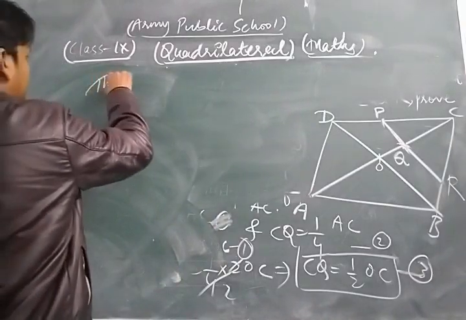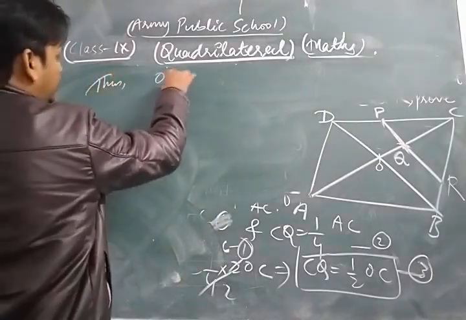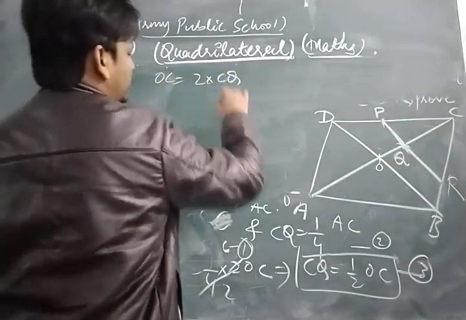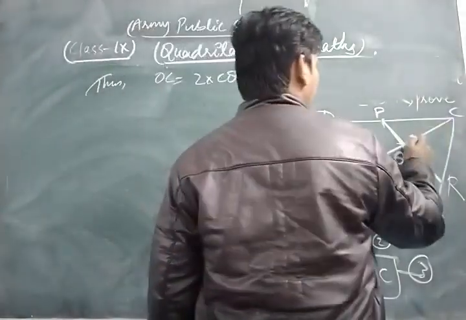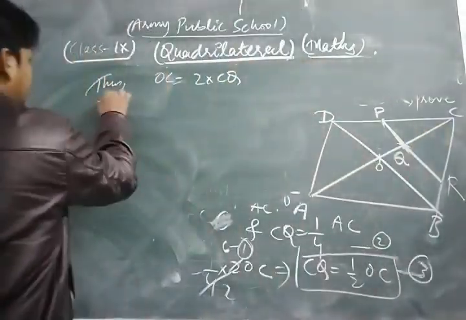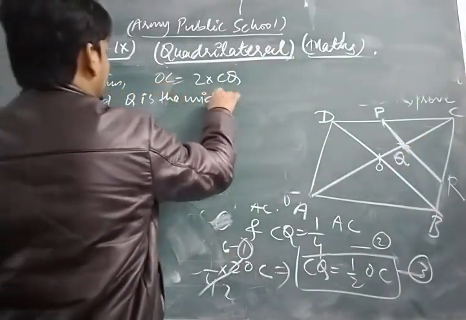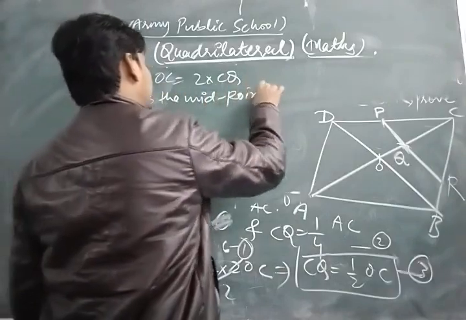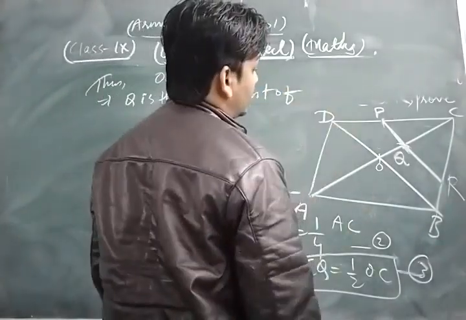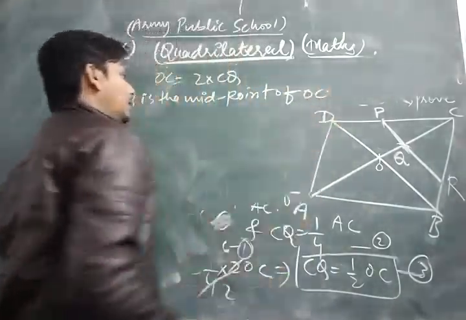Thus OC is equal to 2 into CQ, which means Q is the midpoint of OC.